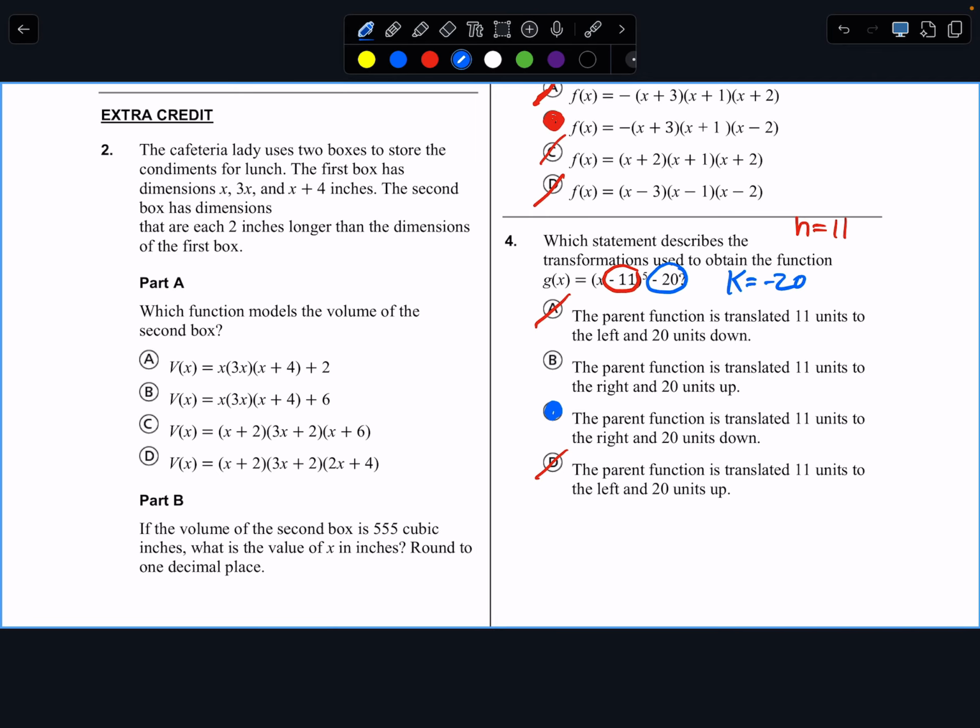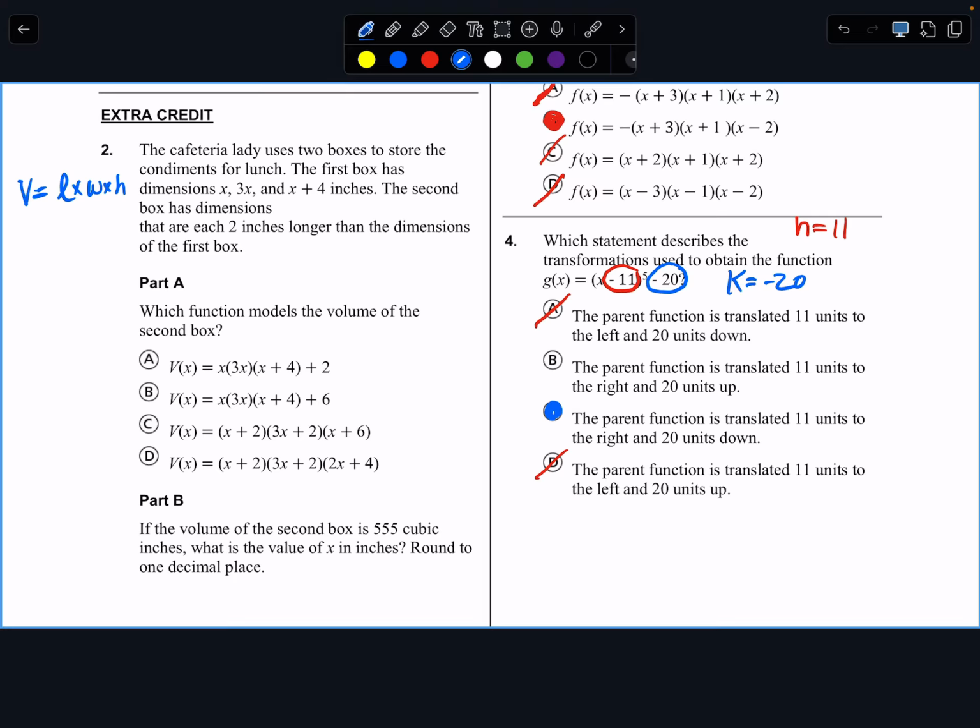So this thing is talking about volume. We need to know the formula for volume. How do we figure out volume? Remember from geometry? That's area. Say it out loud, Sydney, please. Length times width times height. So they give us dimensions for 2 of the boxes.